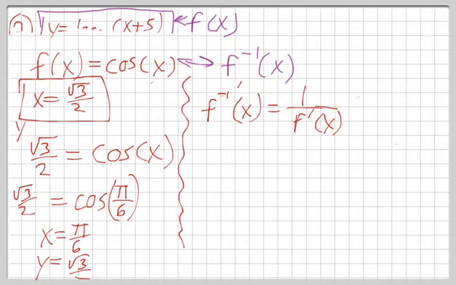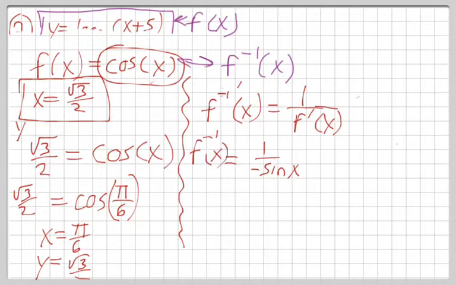What is the derivative of just f of x? Remember, f of x is cosine of x, so the derivative would be 1 over the derivative of cosine, which is not positive sine, is it? Negative sine of x. And that's equal to the derivative of the inverse.